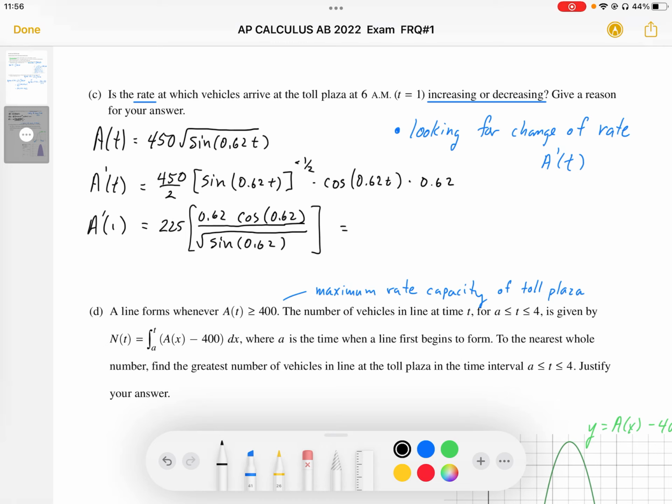And so I end up with A prime equal to 148.947, and that's in cars per hour. Since that is positive, the rate of change is increasing at that point. So we're going to say the rate of change is increasing.